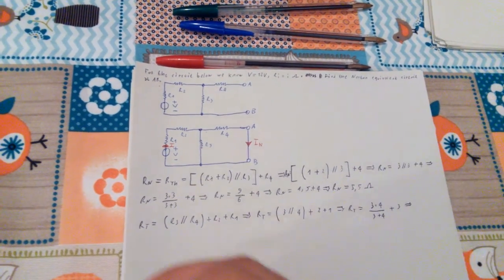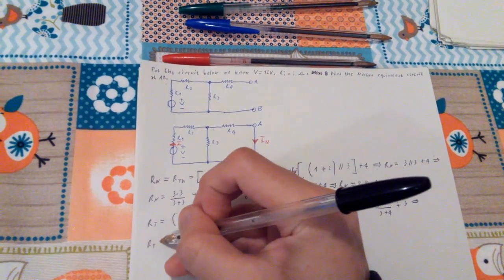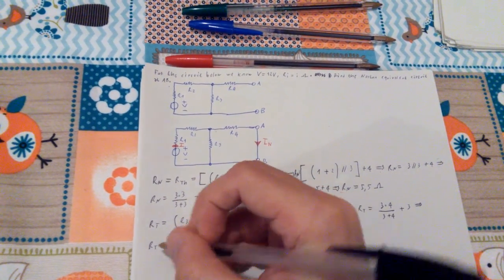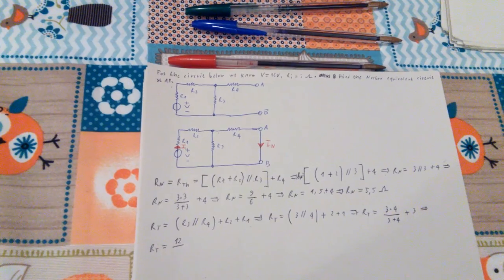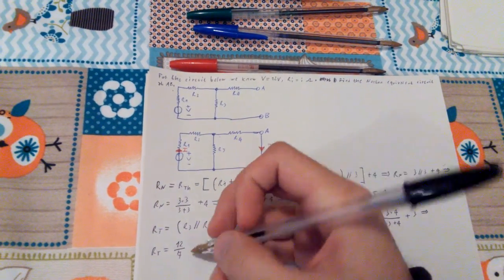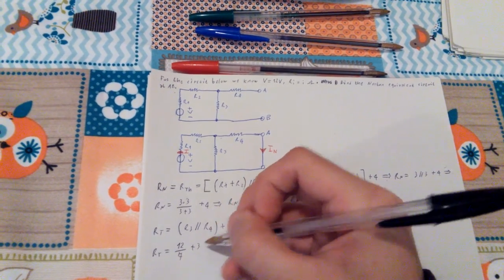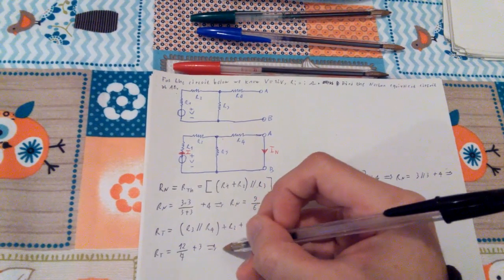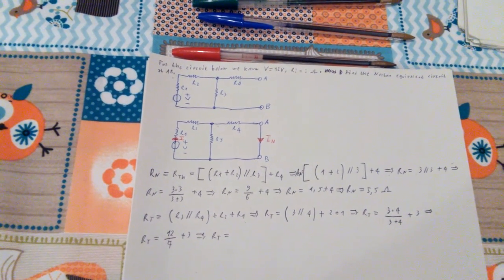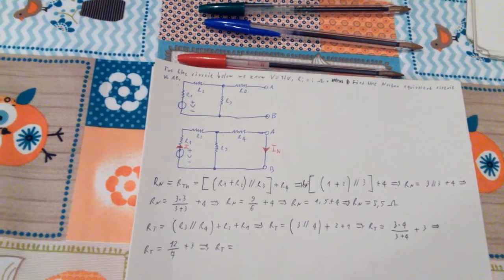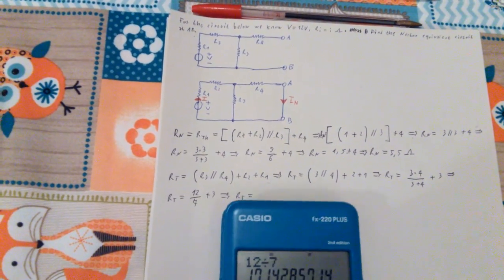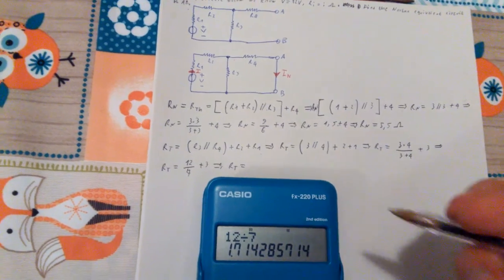So RT is actually 12 over 7 plus 3. So RT will be, well, 12 over 7 would actually be 1.71.